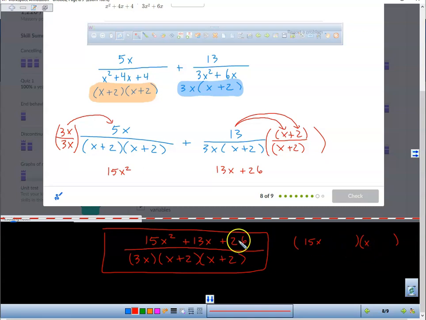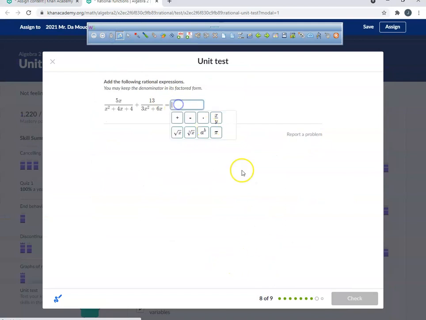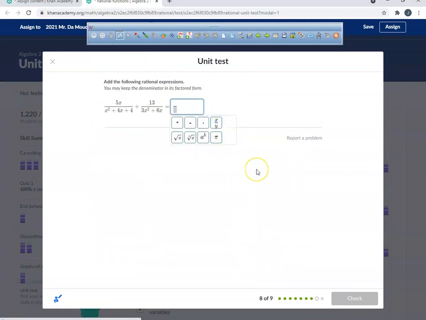The only thing that could possibly cancel out would be an x plus 2, and I have to put a 13 here, but that would be a 30. That would make it too much. So I don't think it's going to factor to an x plus 2. So I'm just going to type it in. If I get it wrong, it's okay. It happens. All right. So right now I'm going to type it in.